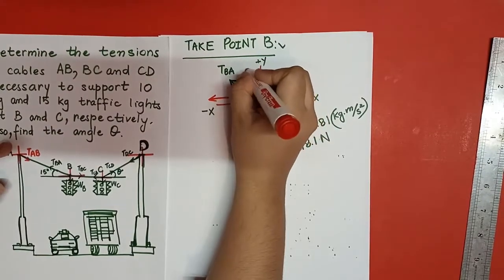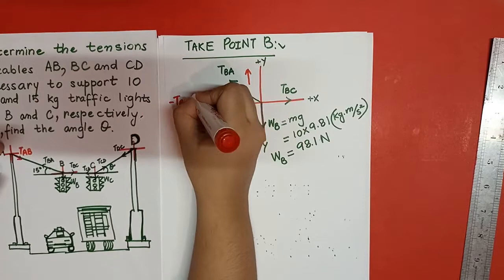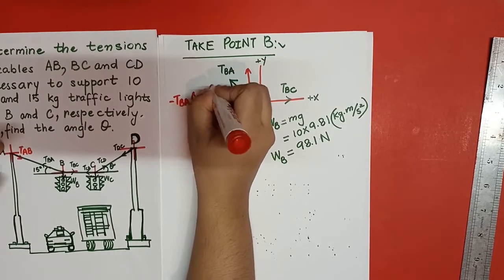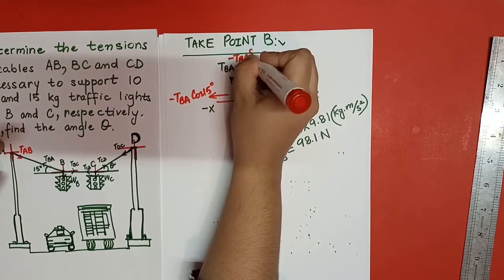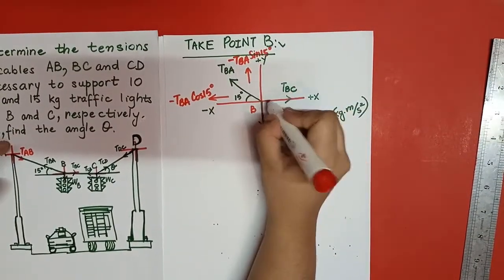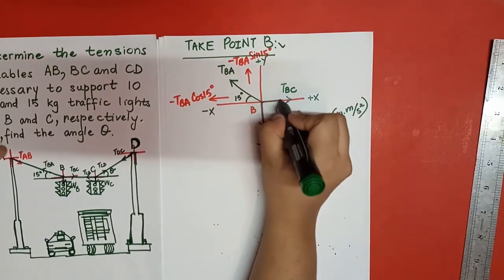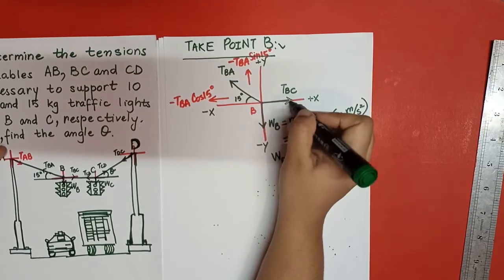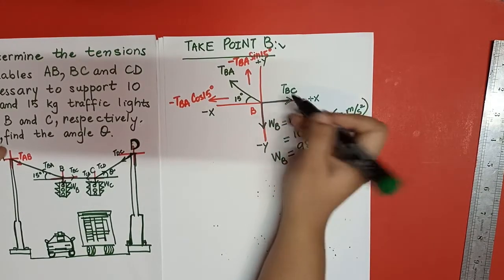So this will be minus TBA cos of 15 degrees, and this will be minus TBA sine of 15 degrees. And TBC lies exactly on the positive x-axis, so it should be positive. Its y component is 0, and its x component is TBC.